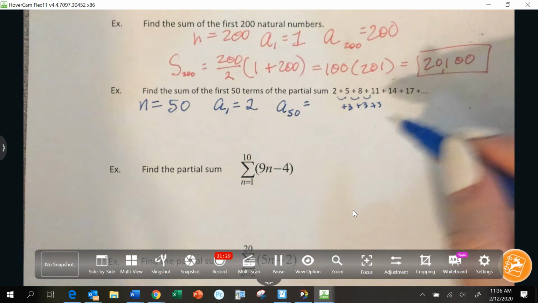So I can use the formula a sub n, and we can find the 50th term.